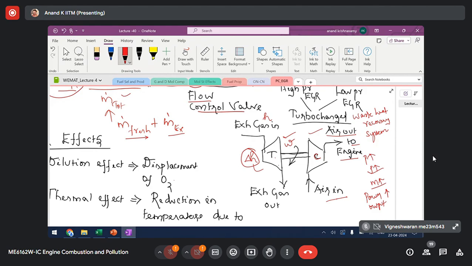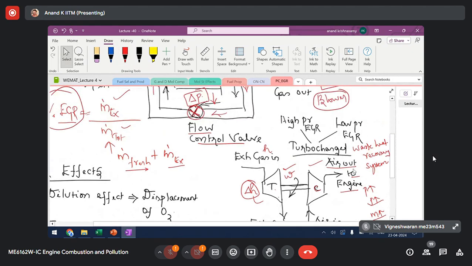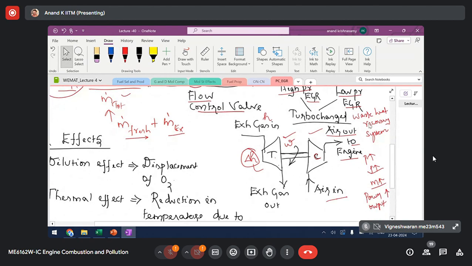Okay, so the complexity in a turbocharged engine is with respect to EGR, exhaust gas recirculation. There are two types of EGR here: one is high pressure EGR and the other is low pressure EGR. In a high pressure EGR, you are mixing exhaust gas with the air which is already pressurized, so you are mixing exhaust gas with air at a higher pressure.